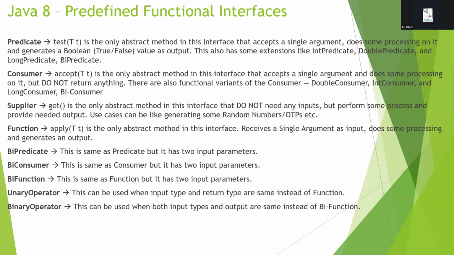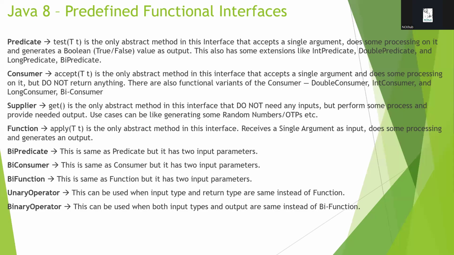As discussed in our previous video, a functional interface has only a single abstract method, and we can provide the implementation for that directly using a lambda expression. In the case of Predicate, what is the single abstract method that is available? The method name is test. How many inputs will it accept?